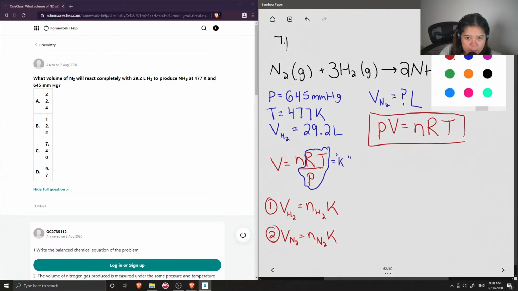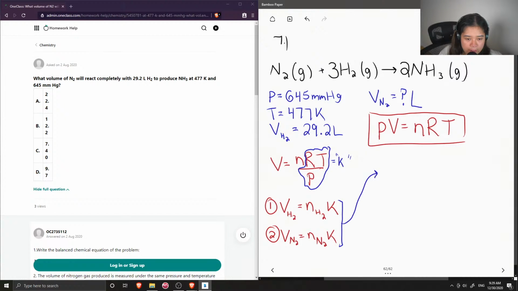So these will be combined, and then we can write that the volume of H2 over the number of moles of H2 is equal to the volume of N2 over the number of moles of N2.